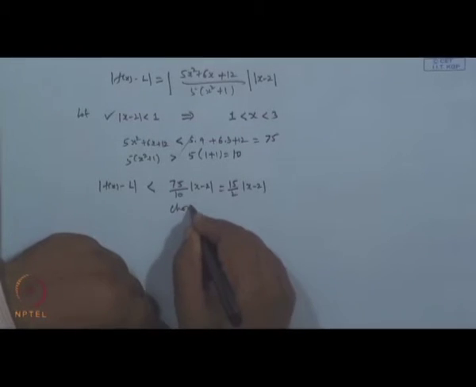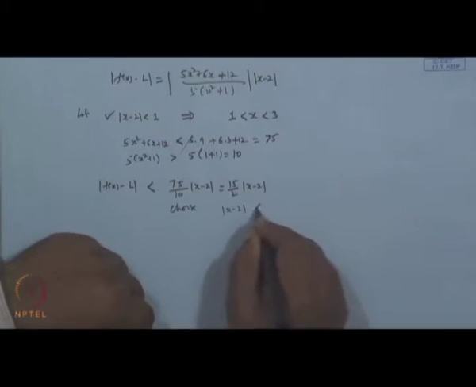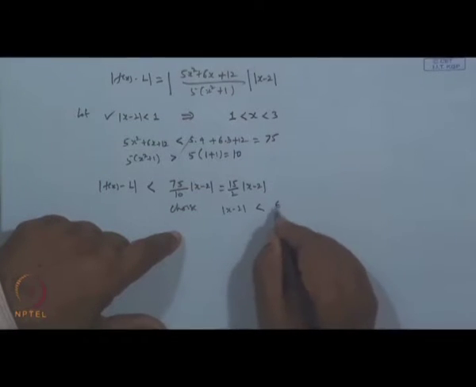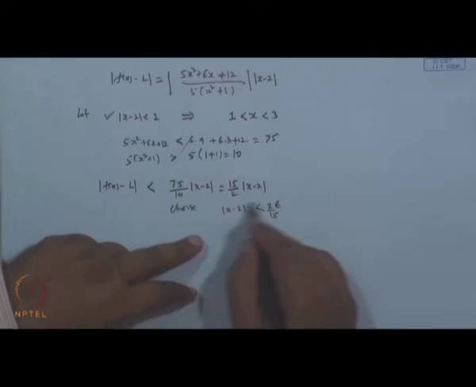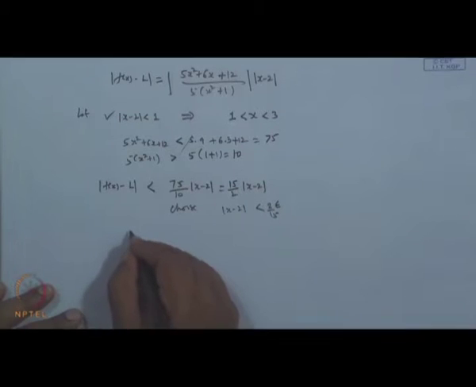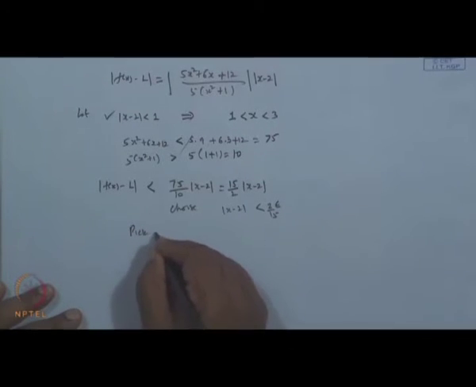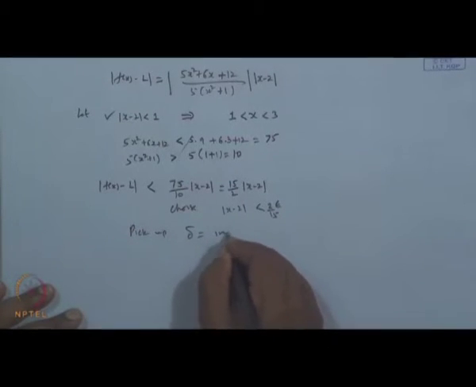So, if I choose mod x minus 2 less than epsilon 2 by 15, then as soon as you write this, all the quantity will remain less than epsilon. So, now pick the delta as the infimum of 1 and this number.